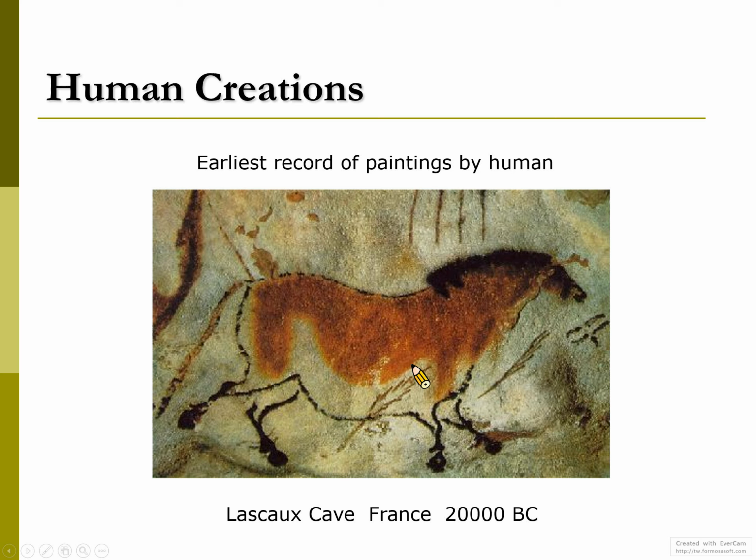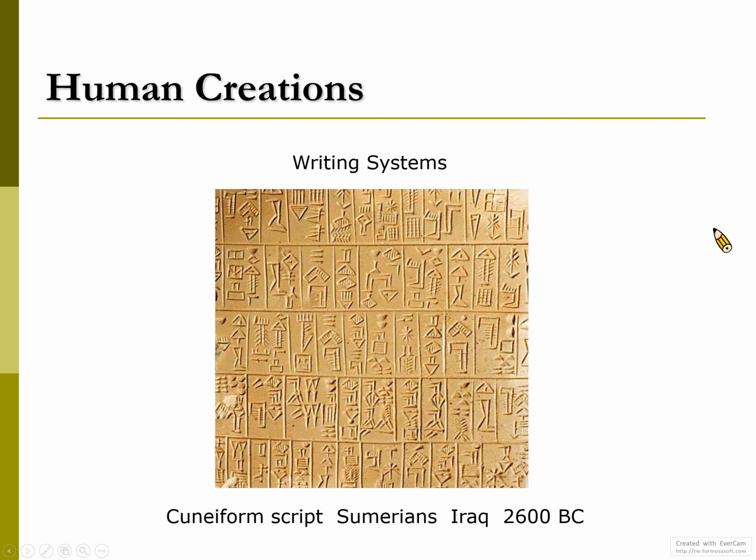Other information is very intuitive. For example, if you look into the earliest records of painting by humans, you will probably see this is a kind of horse, and you can still easily identify the source of information just by looking at this painting. Humans also developed very sophisticated writing systems, and this is cuneiform script by Sumerians in 2600 BC.